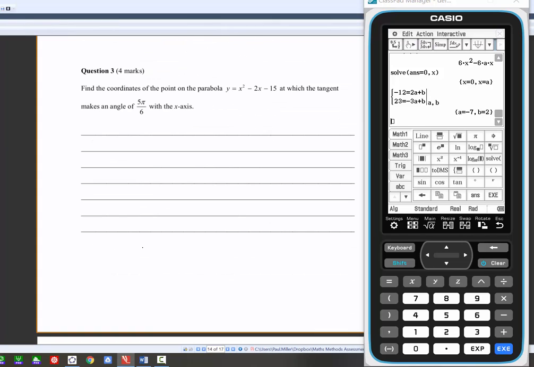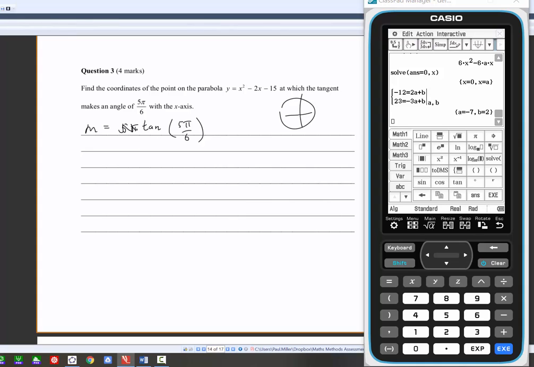All right, find the coordinates of the point on the parabola at which the tangent makes this angle with the x-axis. All right, so for that, what we want to find out is m equals tan theta, tan 5 pi on 6.